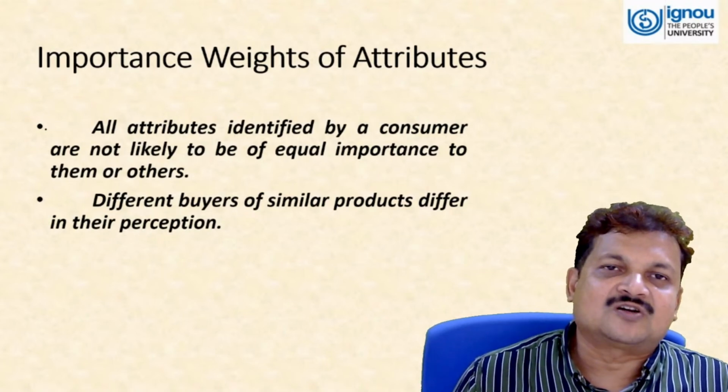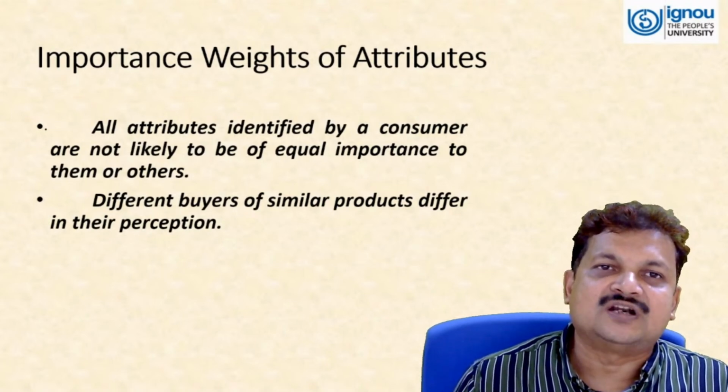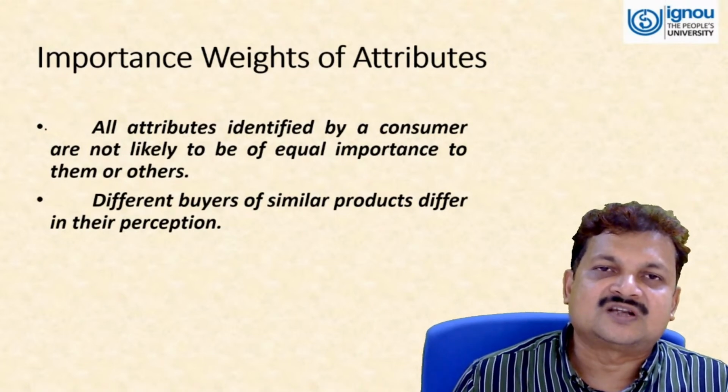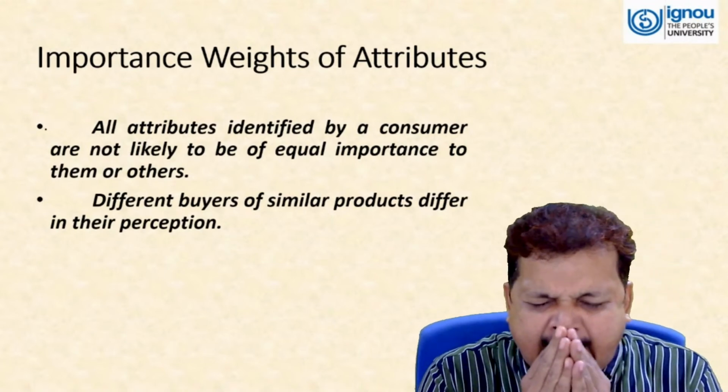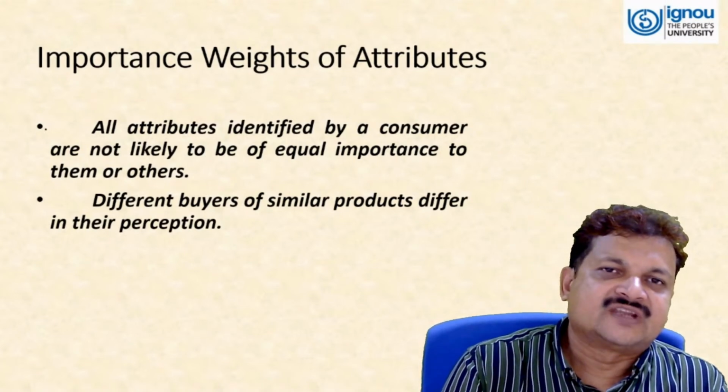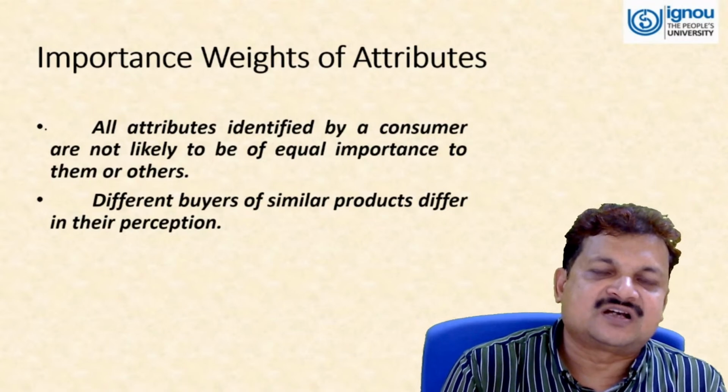Second aspect is the sound quality, how the sound is coming. But you are not giving the weightages to the connectivity, or to the size of this particular TV, or the weight of the TV, LED, LCD, plasma, whatever it may be.